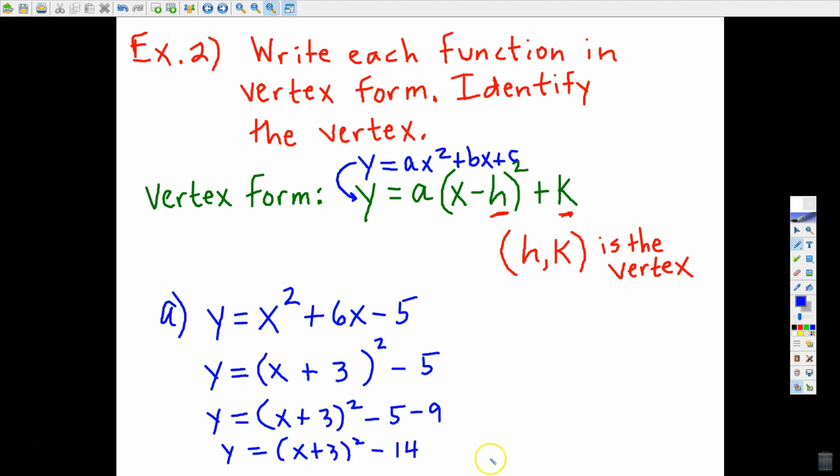Once again, if I do x squared plus 6x plus 9 minus 14, 9 minus 14 is negative 5. So I am going to have another way of writing this original standard form expression when I combine like terms. So they are equivalent. Okay, so that's the whole idea of changing standard form to vertex form.